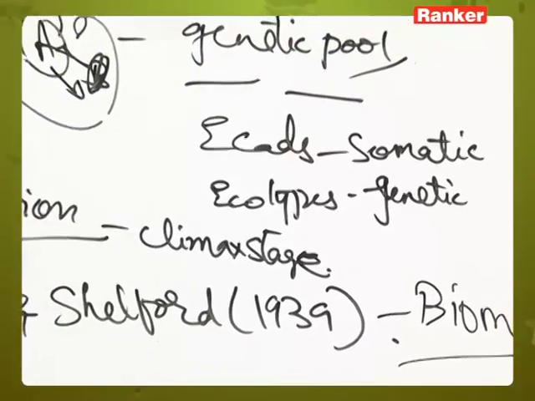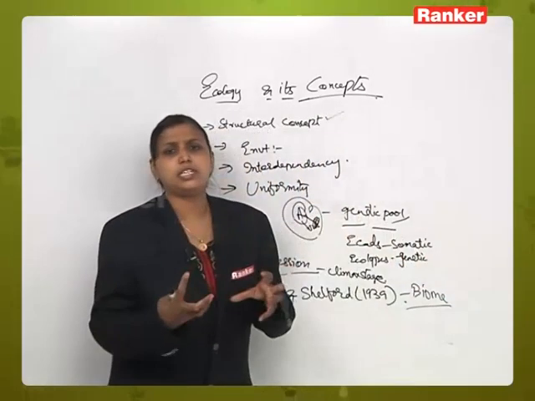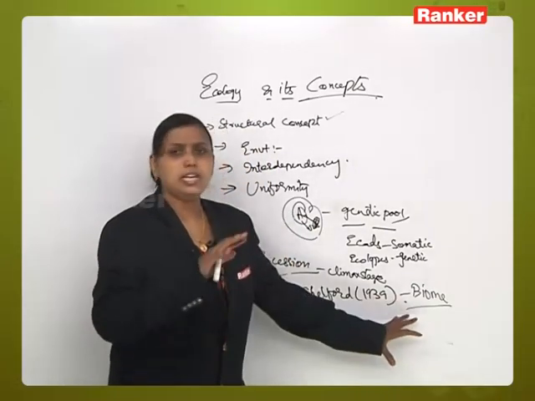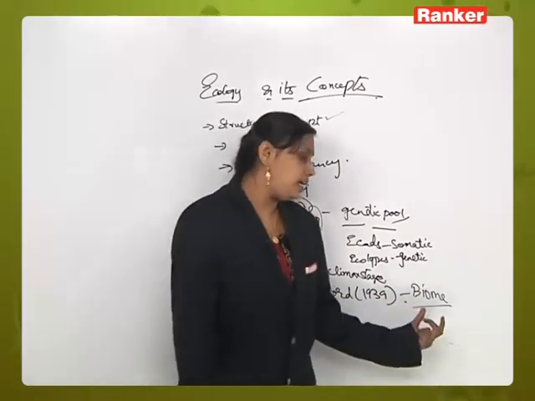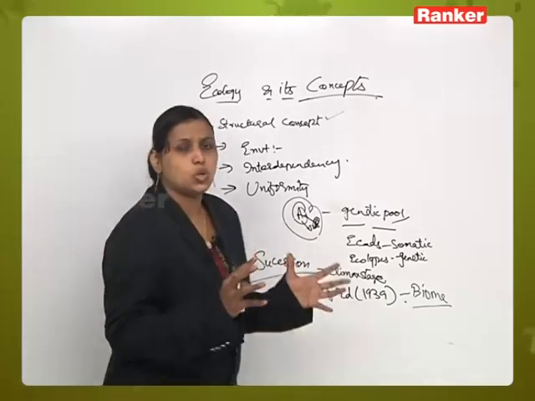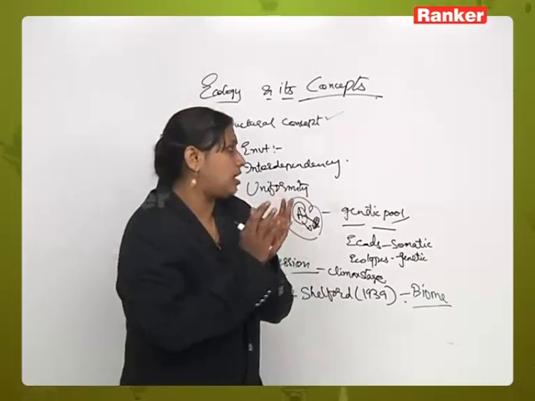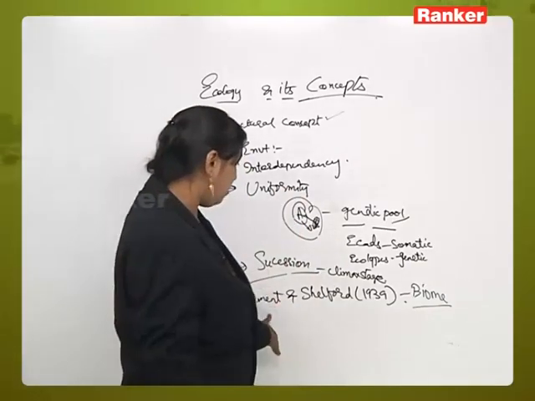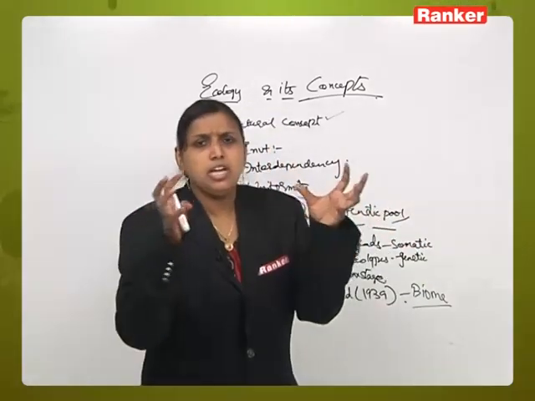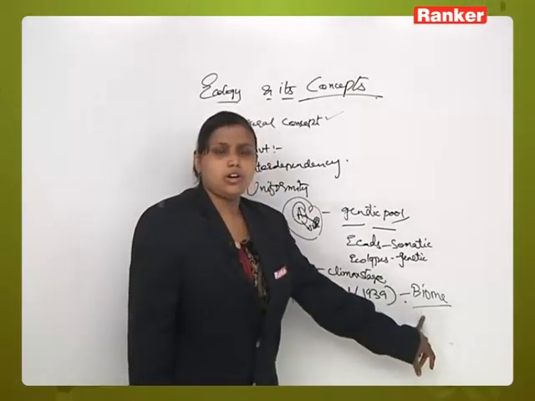The biome is nothing but an interaction between plants and animals which occurs on the basis of coactions and reactions, so that they are mutually interrelated with each other, and they develop a stability towards their growth and formation. Here a biome is the complex of several communities growing in a particular area and sharing the same atmosphere or the same climate for their growth, continuity and stability. A group of different organisms living in the same particular area, sharing the same atmosphere and climate for growth, is called a biome.